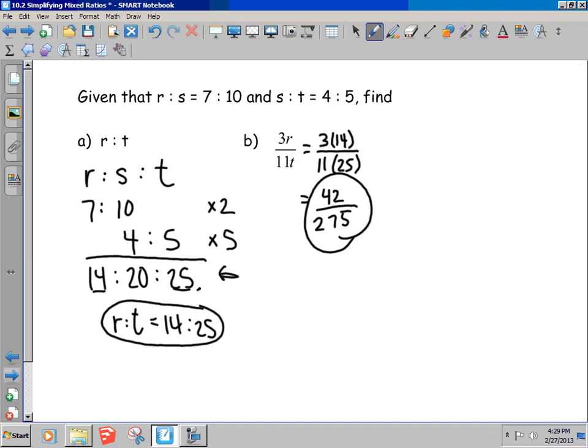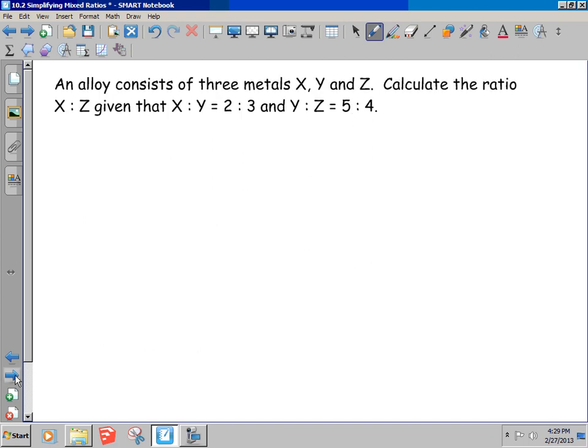And I think I have one more problem for you. A little word problem. So same idea but built into a story problem. An alloy, which is just a piece of metal made up of several different kinds of metal, consists of 3 metals, X, Y, and Z. Calculate the ratio of X to Z, given that the ratio of X to Y is 2 to 3, and the ratio of Y to Z is 5 to 4.